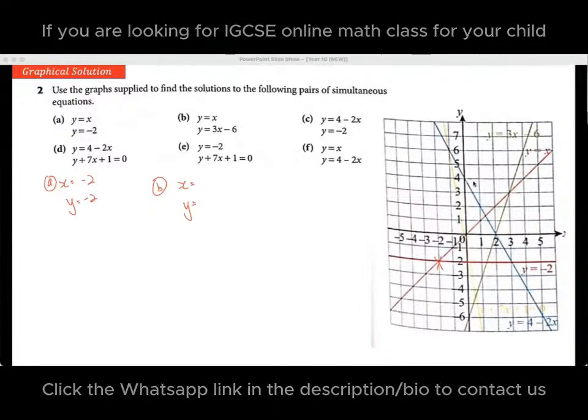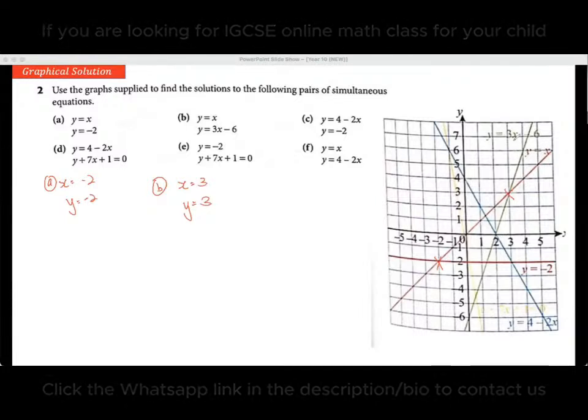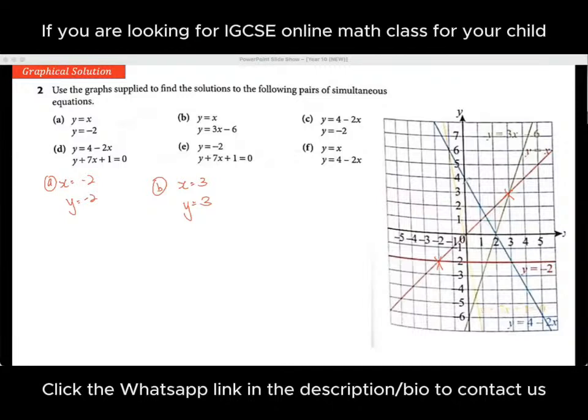Okay, yes, it is at this point. So it will be 3 and 3 because y equals x, then 3x minus 6 is this green line.